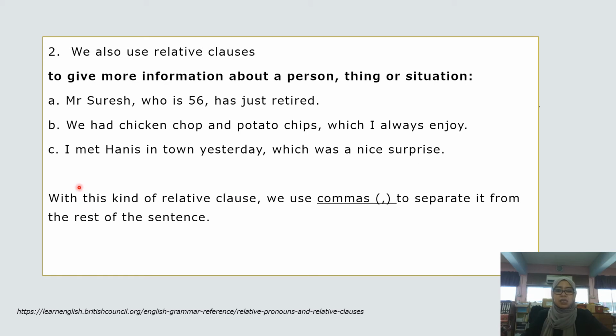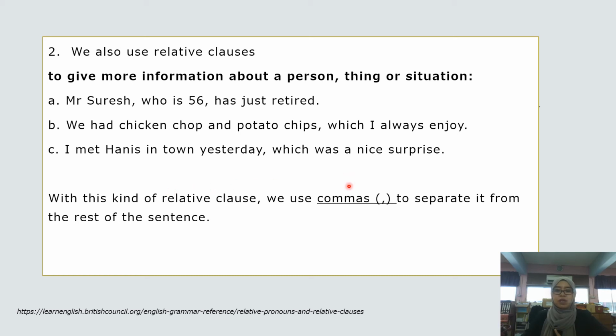The third example: I met Hanis in town yesterday, which was a nice surprise. Here we are giving more information about your meeting with Hanis yesterday. How do you feel, or what is the impact on you?